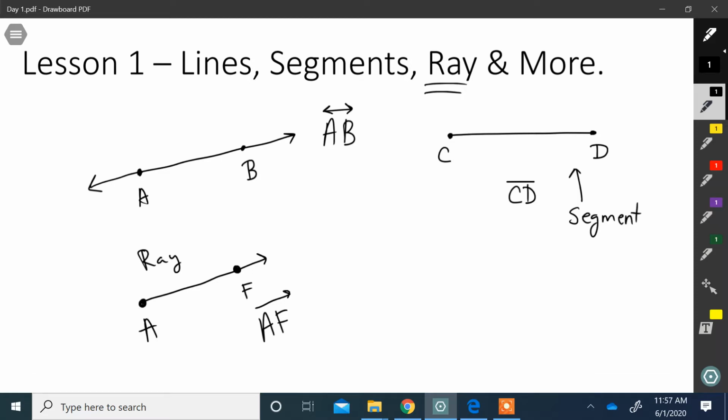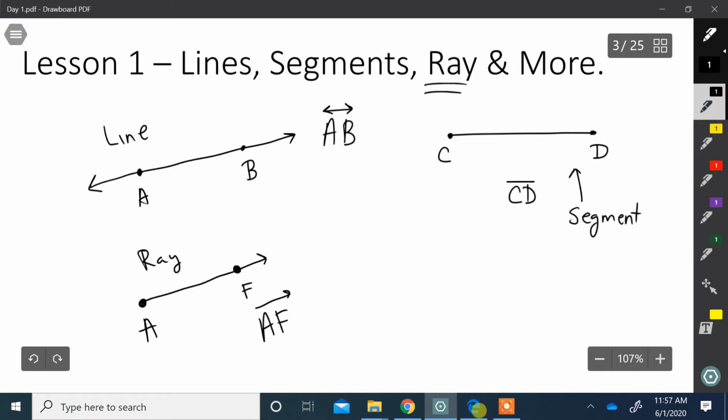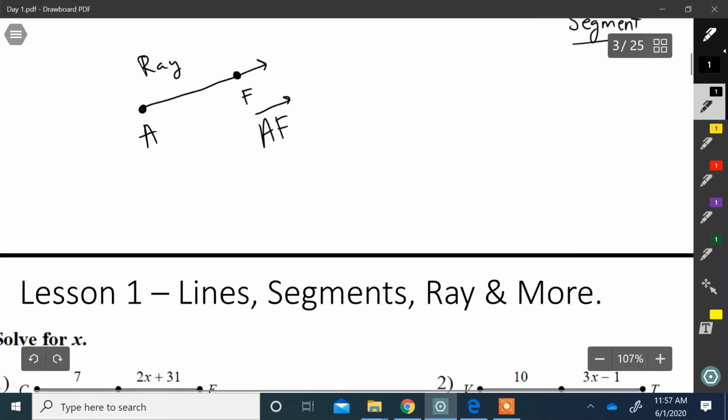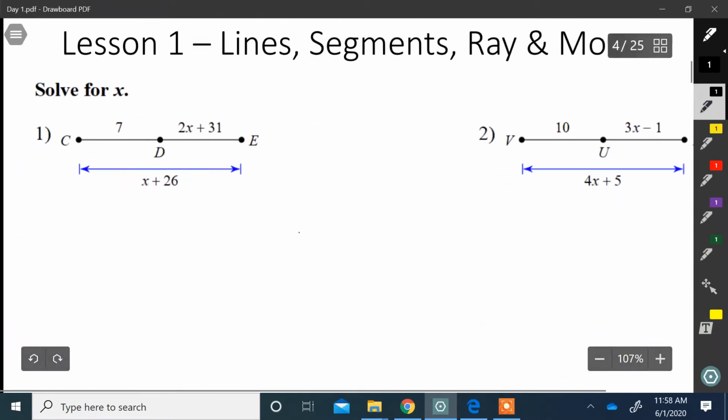So this is a line, this right here is a segment, and then we have a ray. All right, pretty straightforward. You should have seen that in your previous class. Very easy. We're not going to go into a lot of detail on that because you should know how to do that. All right, let's go ahead and move on.